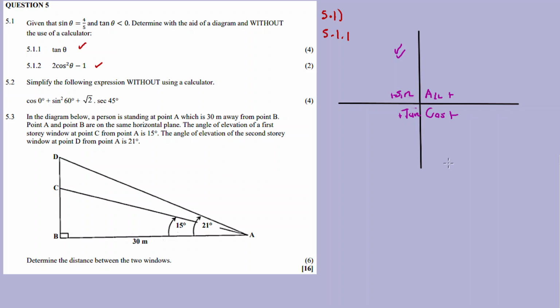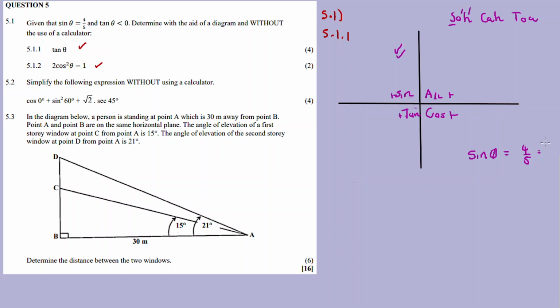So again, we have sine theta equal to 4 over 5, and according to SOHCAHTOA, sine is opposite over hypotenuse.